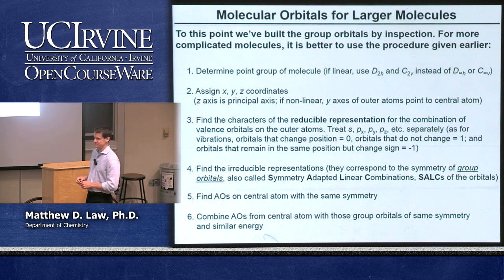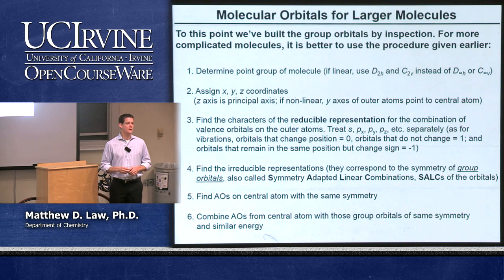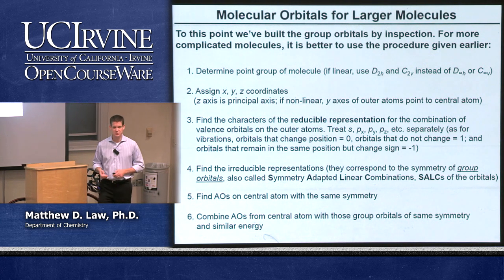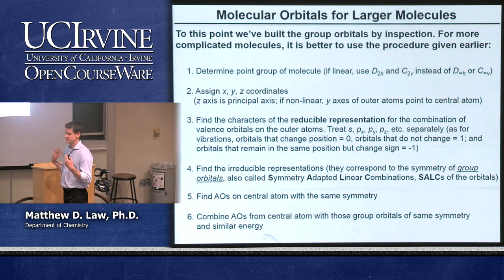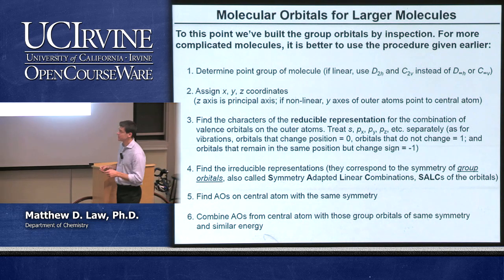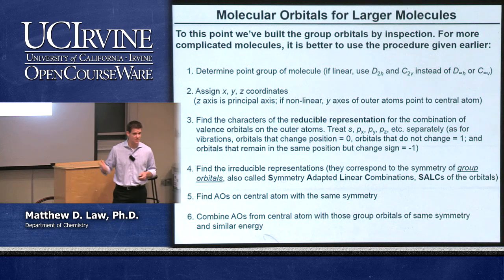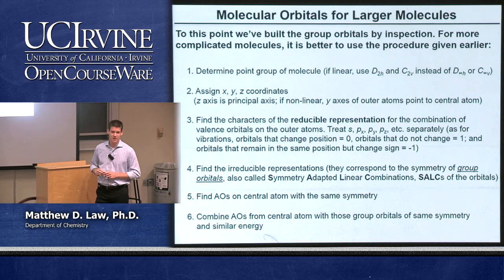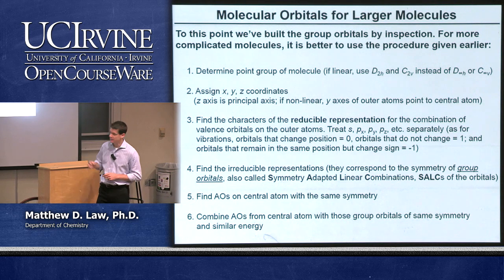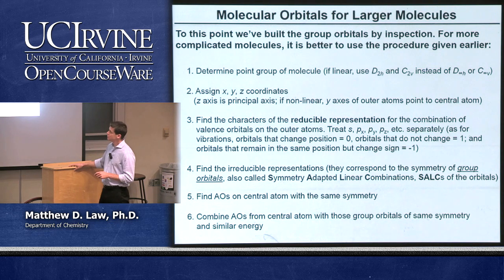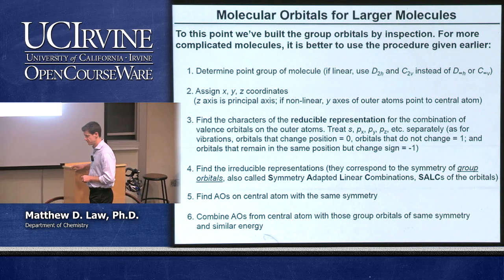Carbon dioxide. If we want a more rigorous procedure for describing these molecules, instead of doing inspection, we can use the multi-step process that I showed earlier. It's shown again here: we determine the point group of the molecule, assign axes, get the reducible representations, reduce them, then do the interactions with the center atom and generate our MO diagram.